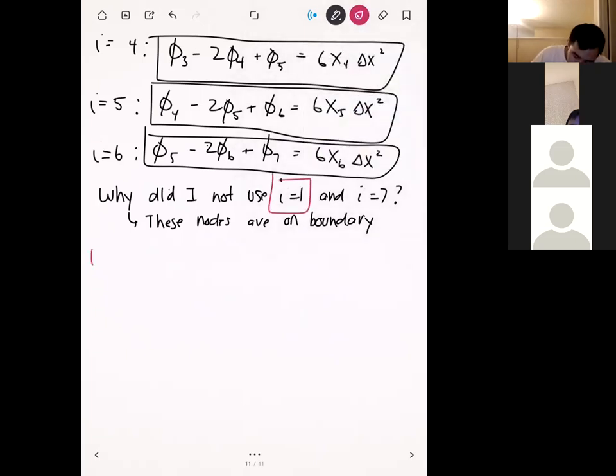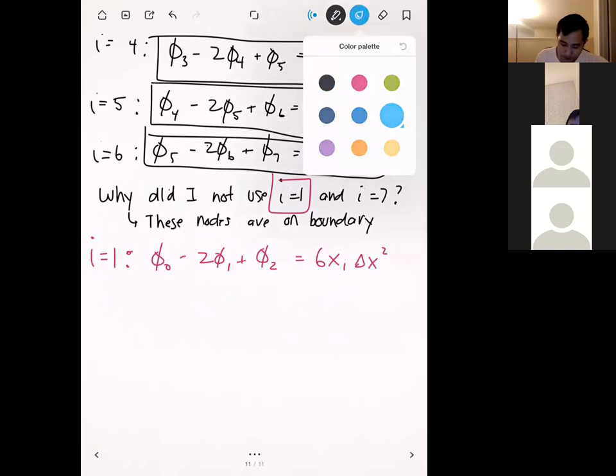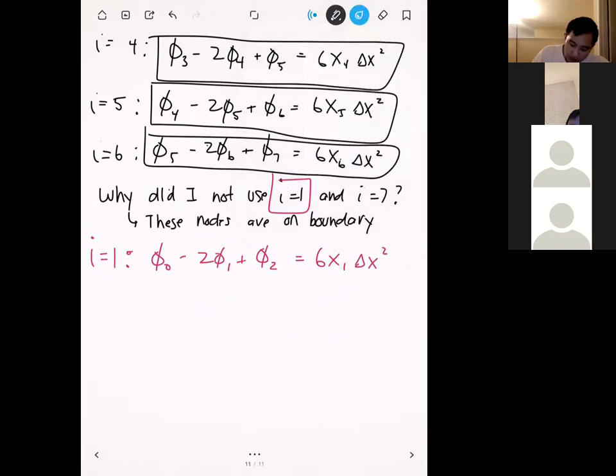If i is equal to 1, what we have is phi 0 minus 2 phi 1 plus phi 2 is equal to 6 x1 delta x squared. At first this might seem okay, but you look at phi 0, and this doesn't exist in our mesh.